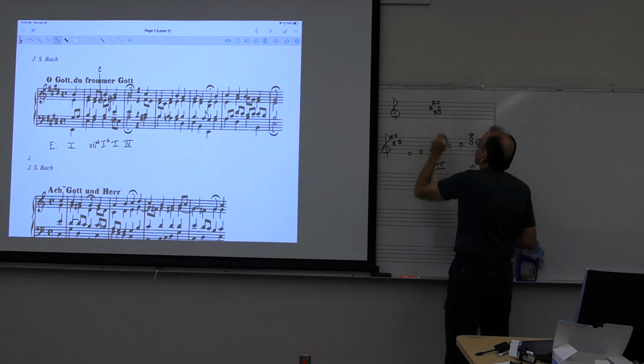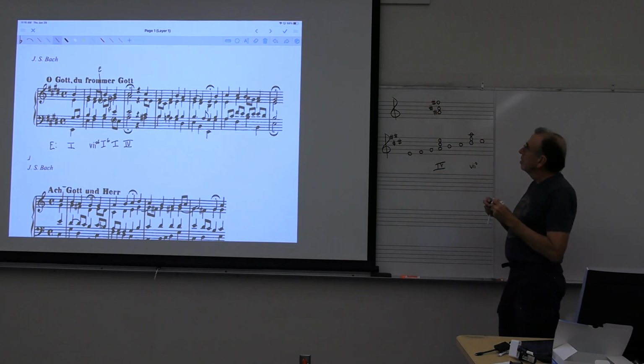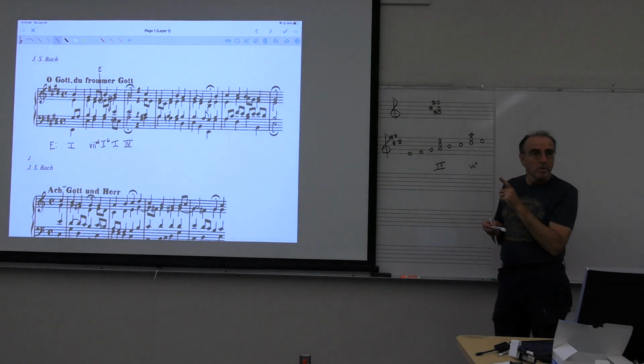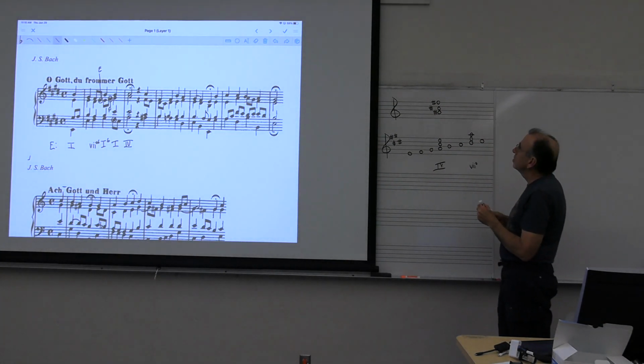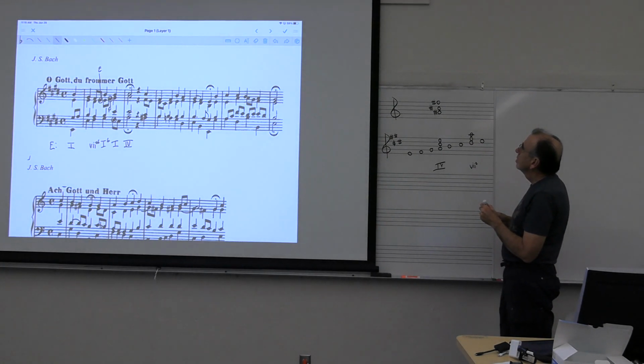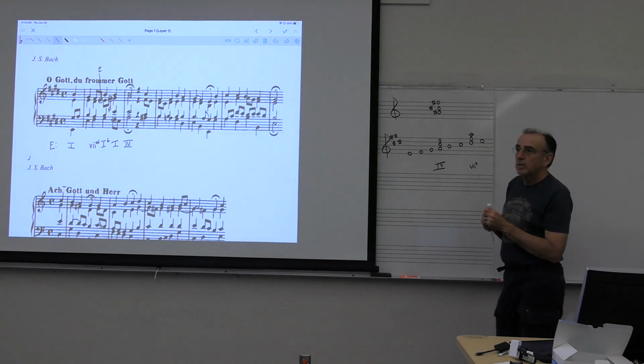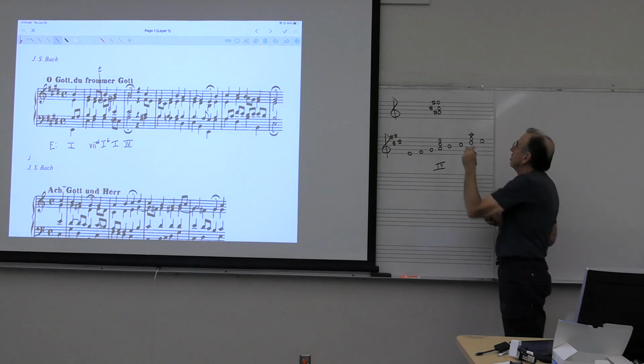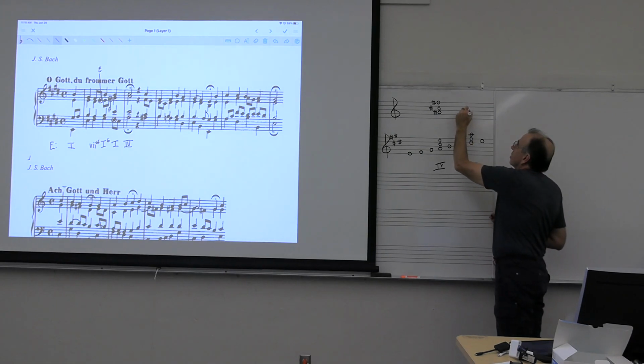And then there's another C sharp, right? So first of all, it's not in root position, right? How do I put it in root position? Then that's going to give me a root position chord.